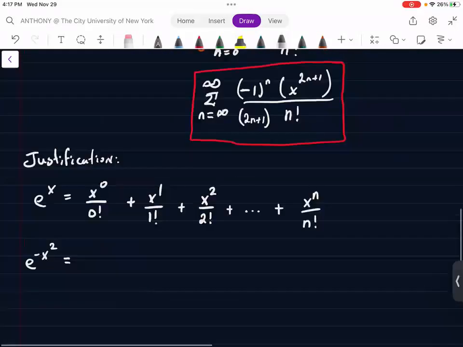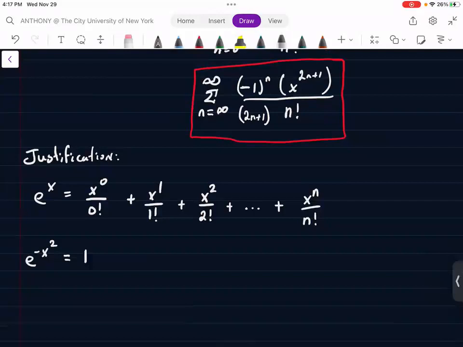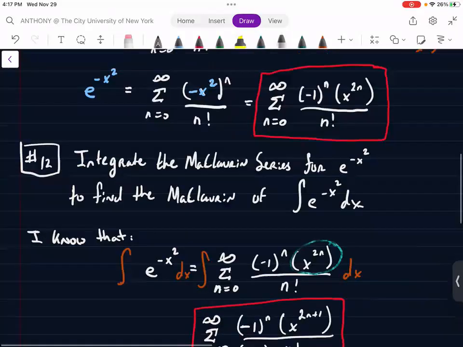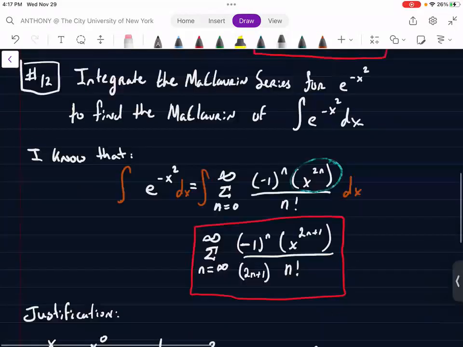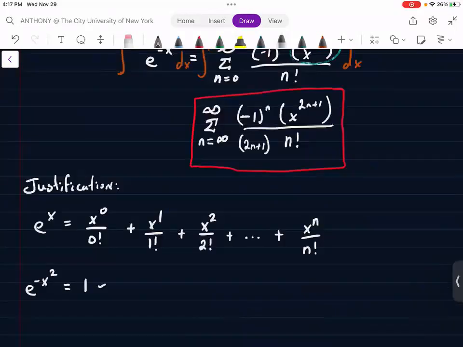So the first term is 1. Now, the second term would be a negative, because negative 1 to the first is negative. So you get negative 1 times x to the power of 2 times 1, which is just x squared, divided by 1 factorial. So you would have got minus x squared over 1 factorial, which you can just leave as negative x squared.